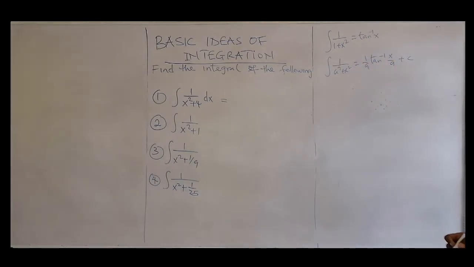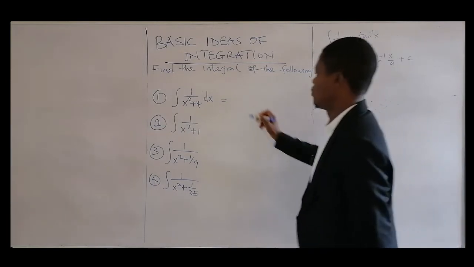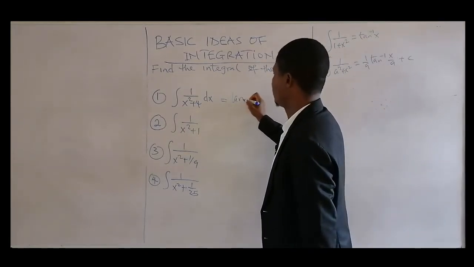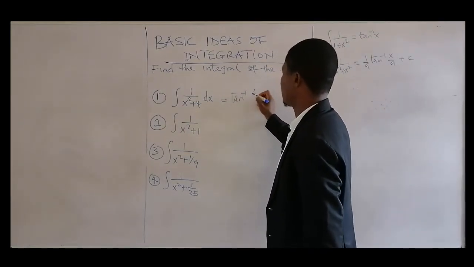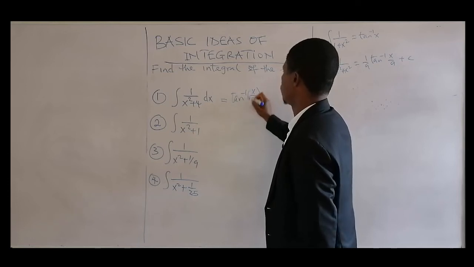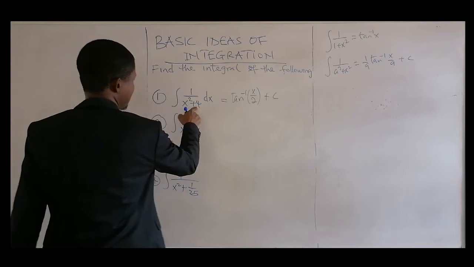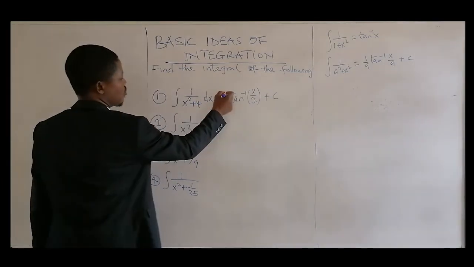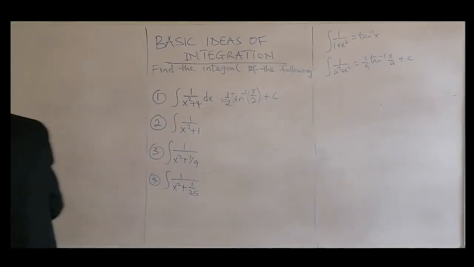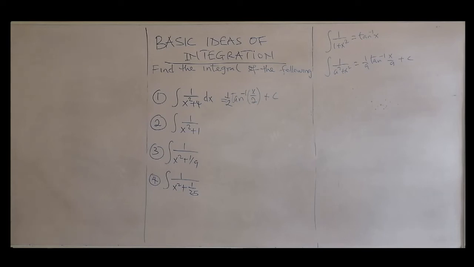So that's established, and we want to use it in this case. So this will be equal to arctan x over 4 plus c, and your a here is 4, and that's 1 over 2 for that.